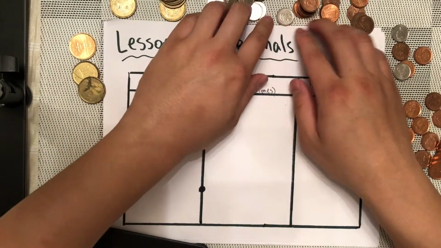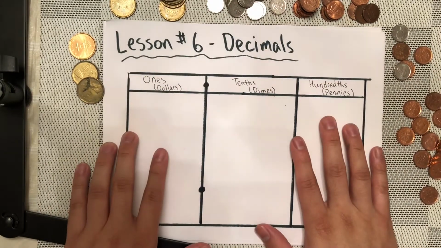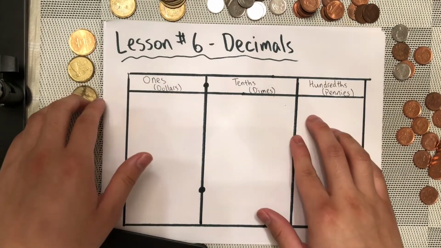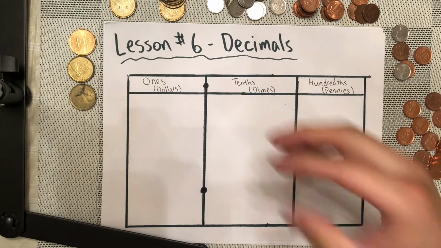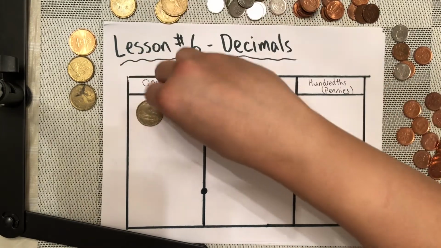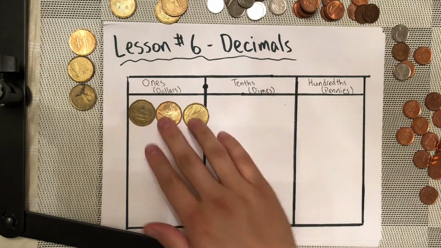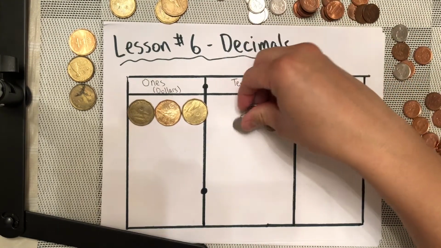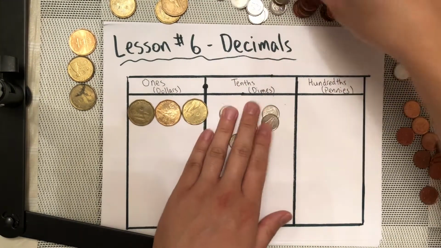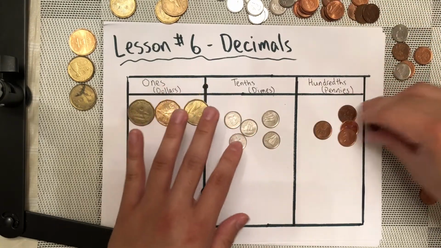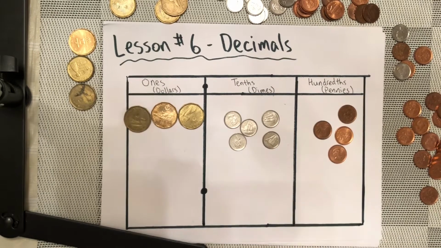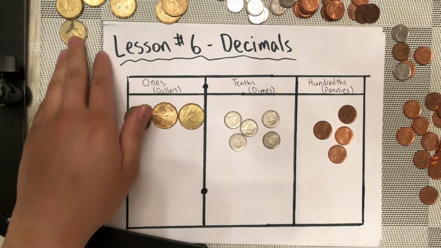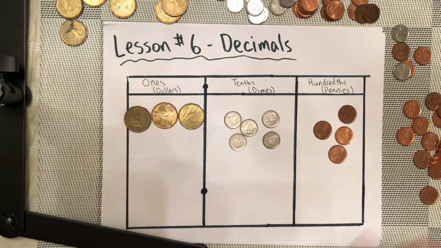Okay? So let's try some subtraction. Subtraction is a little bit tricky. I'm going to show you how to do it on place value first, and then you can calculate it. And then I'll show you the long subtraction, which most of you will be doing anyways. So let's say I have $3.54.